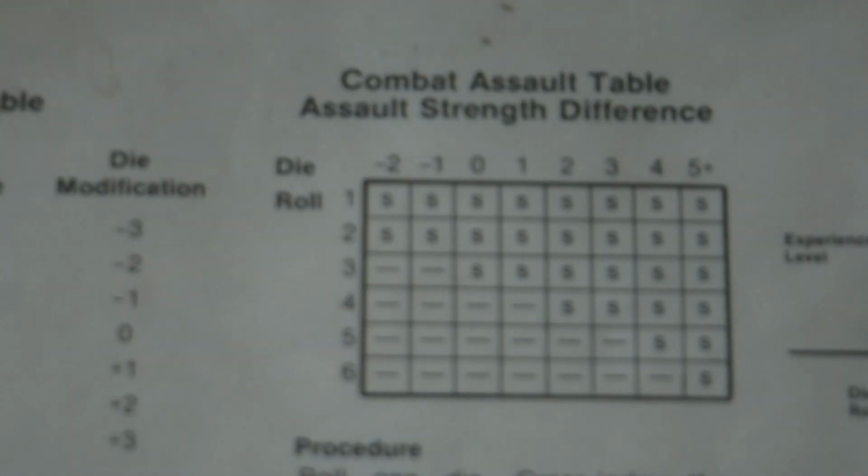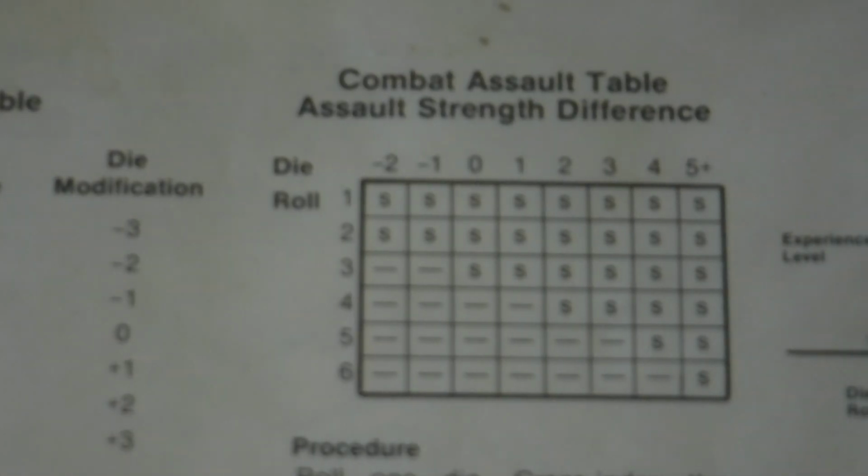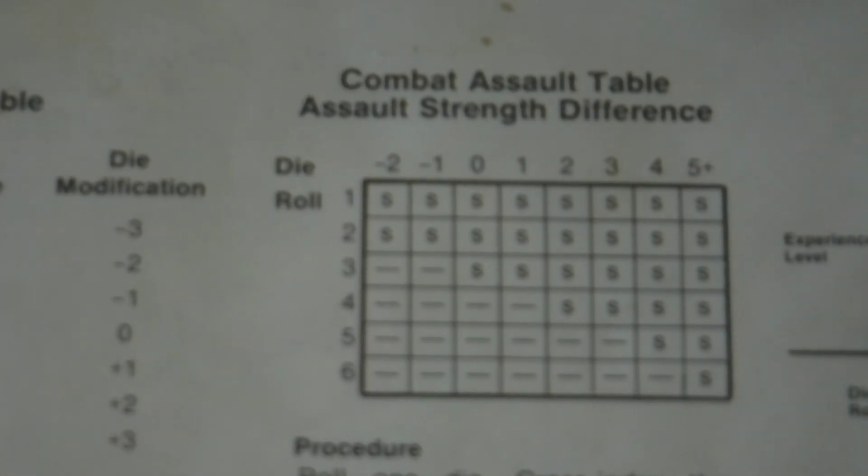So let's go over some rules that are mandatory in order to conduct an assault. This is an option by the phasing player. It is not mandatory. Combat fire must be resolved first before any assaults are even considered.